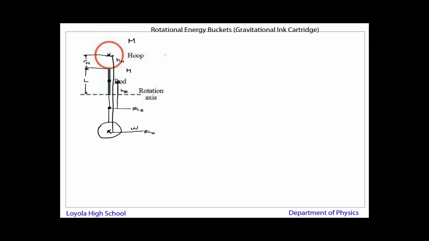So I'll say point A is in the up position and point B is in the down position. So the energy at point A equals the energy at point B. And I have kinetic energy, I have potential energy. Now, what I'm going to do here is say that because there are two different objects moving, I'm going to look at them separately with the ink cartridge model.